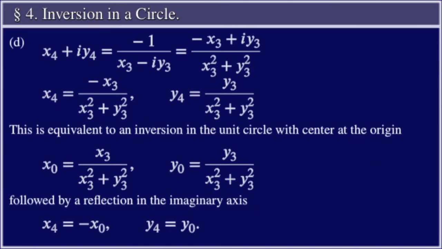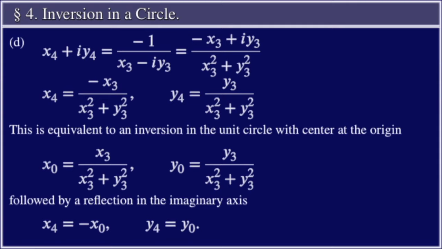D. x4 plus i y4 equals minus 1 divided by the quantity x3 plus i y3, equals minus x3 plus i y3 divided by the quantity x3 squared plus y3 squared. Or x4 is equal to minus x3 divided by the quantity x3 squared plus y3 squared, and y4 is equal to y3 divided by x3 squared plus y3 squared.